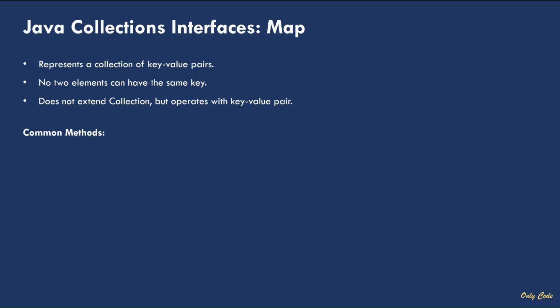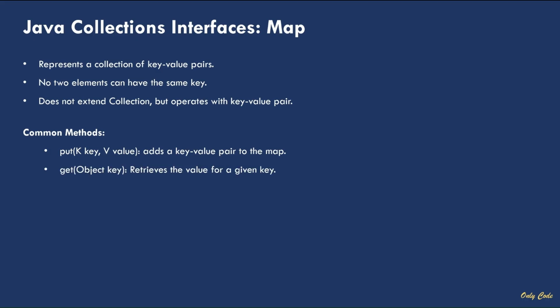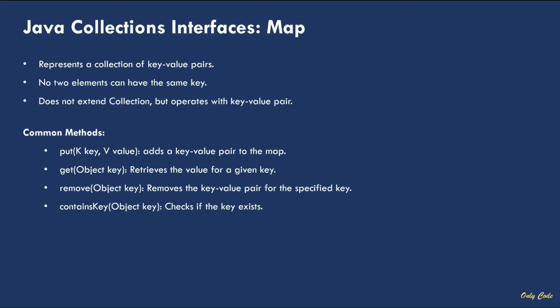Some of the common methods in the map interface are: put adds a key value pair to the map, get retrieves the value associated with a specified key, remove removes the key value pair for a given key, containsKey checks if the map contains a specific key, containsValue checks if the map contains a specified value.